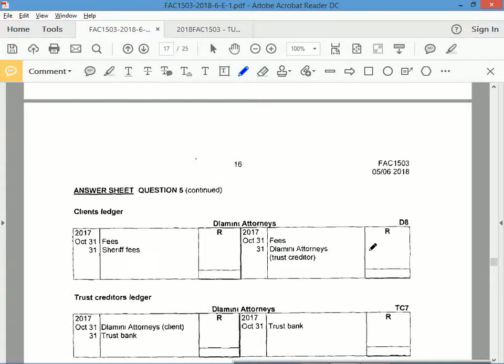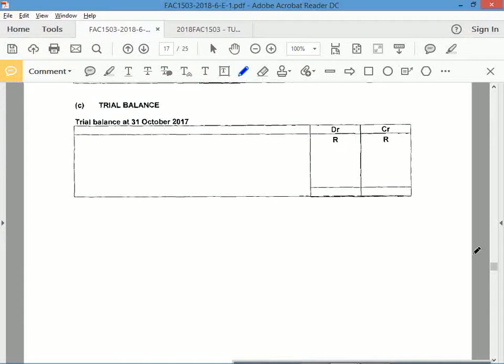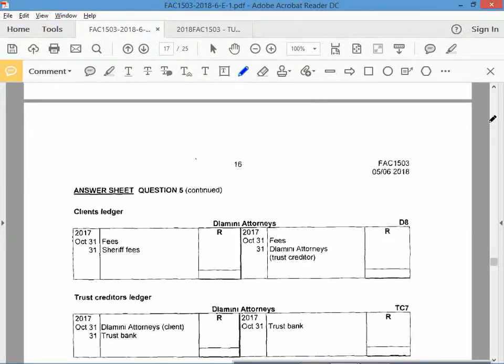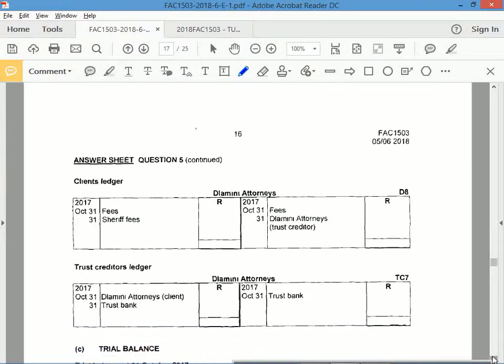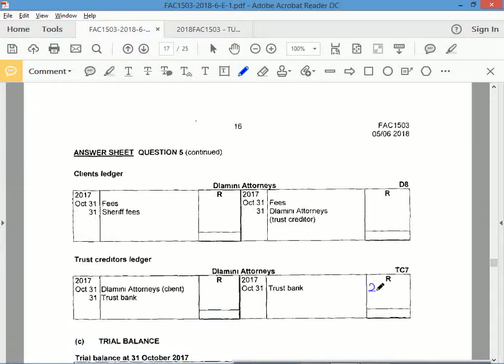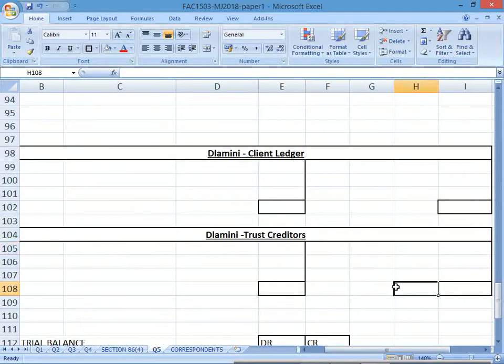The 24,000 would have been a receipt. This was for trust creditors, not client's ledger. There's trust creditors. There's trust bank. There we go. 24,000. That's the first part. 24,000 here, trust bank.